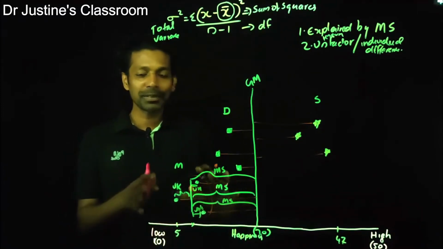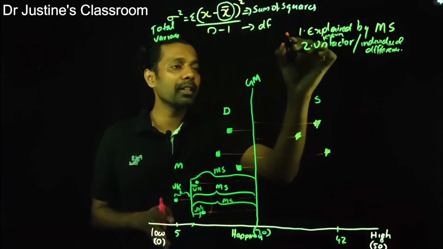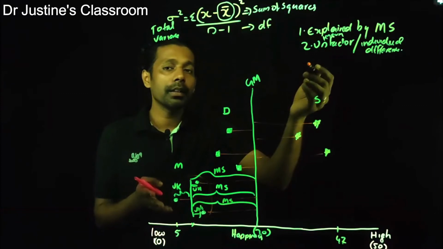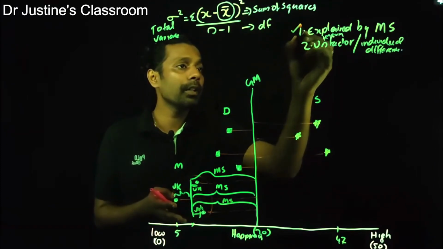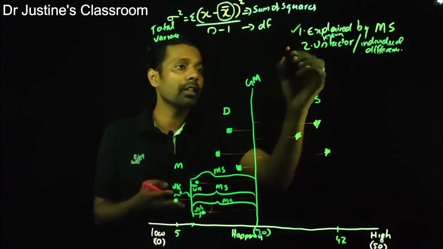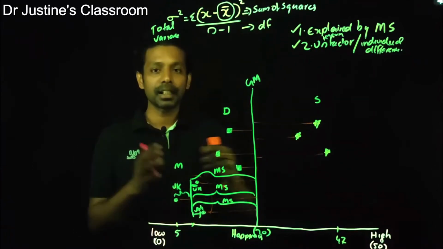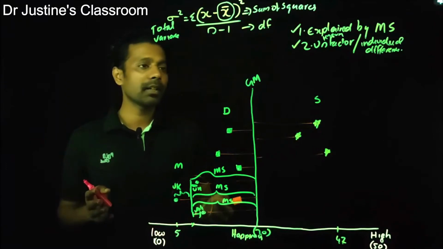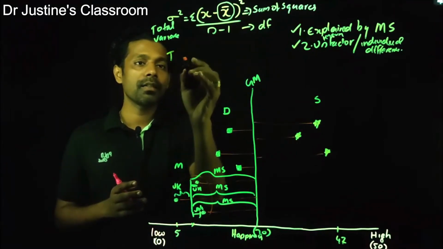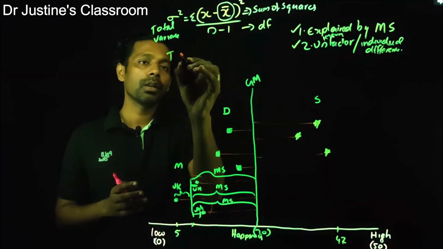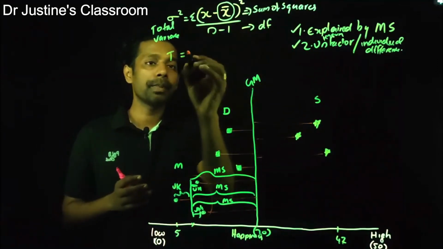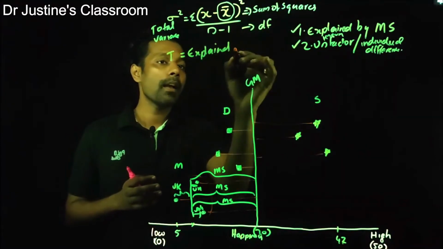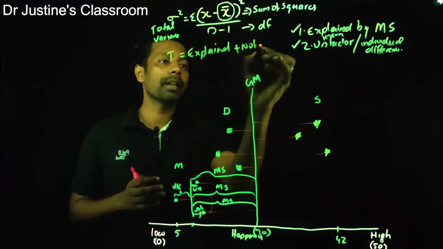So I'm trying to understand how much variance can be explained using this particular reason, and how much is left over. So I'm going to divide this total variance into two different parts: total variance equals what can be explained by the factor plus what is not explained.